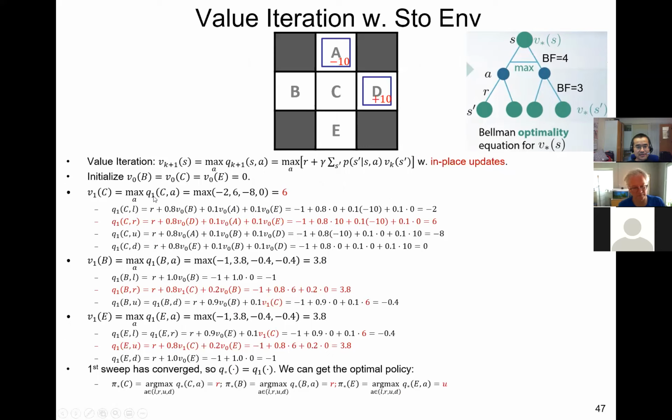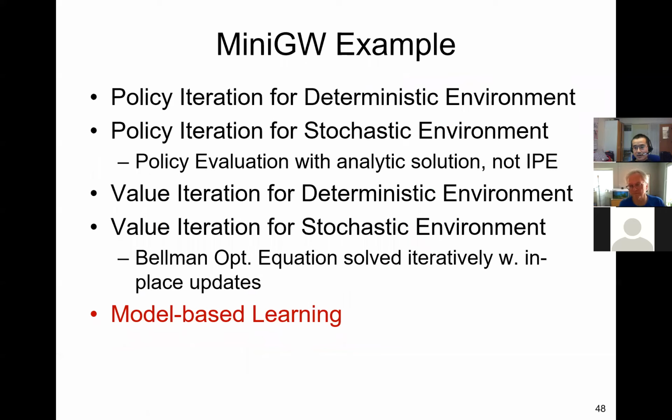And then you take the max over the 4 possible Q value functions. You get +6 as the value function for V1C, and +3.8 for the value functions of V1B and V1E. Then you take the argmax to get the actual greedy policy. Okay, so that's the example.